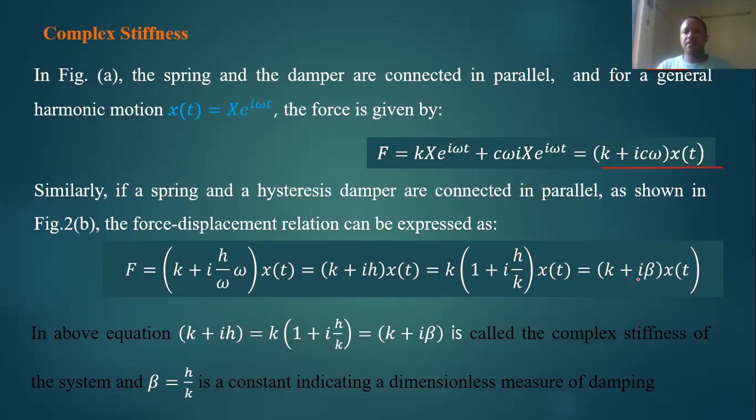Okay, K times 1 plus i beta is the equation. So K times 1 plus i beta is called the complex stiffness of the system. And beta, which is equal to H over K, is a constant indicating a dimensionless measure of the damping.